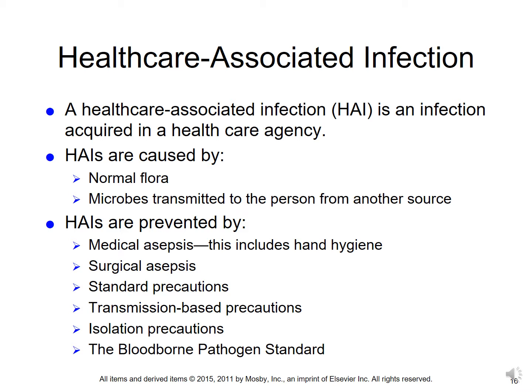The other way is just transmission from a source to the person. So an example would be if I had a Mr. Tommy and he was my patient and he's on contact precautions for MRSA in his foot. Let's say he has a wound and I didn't use the proper personal protective equipment and did not wash my hands well and went and took care of Miss Carrie, and Miss Carrie ended up with MRSA.